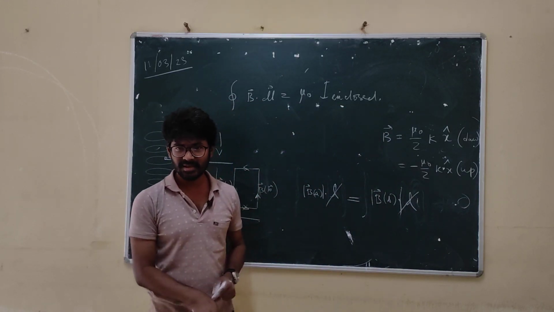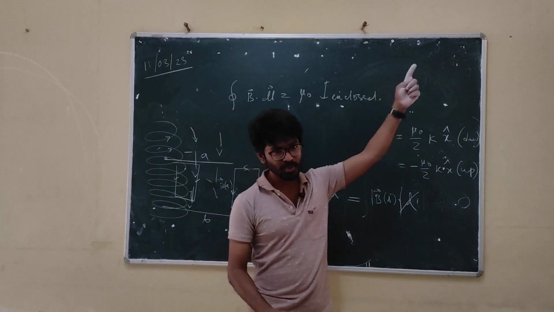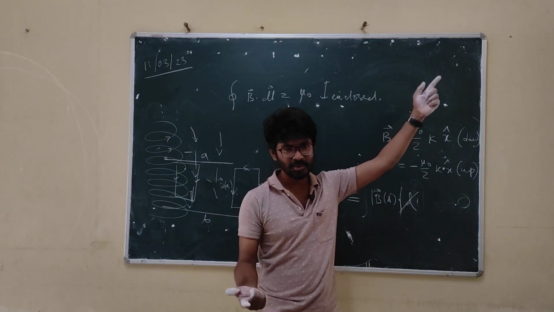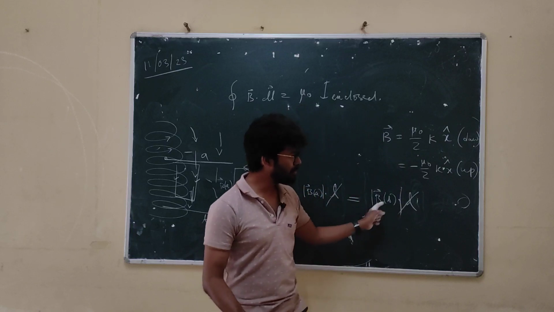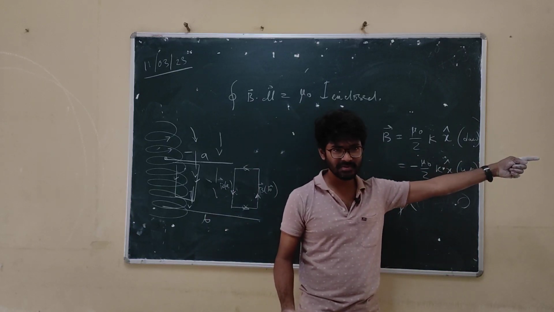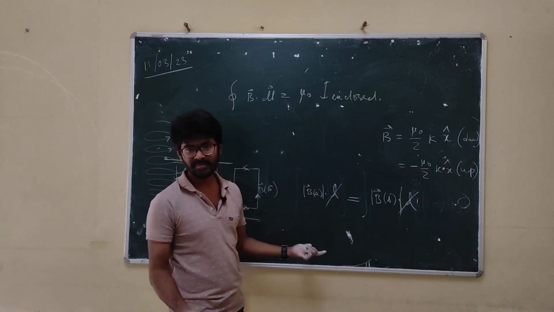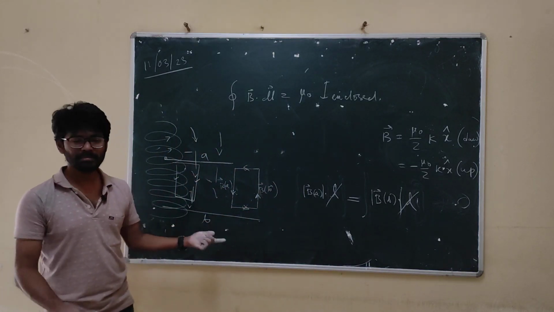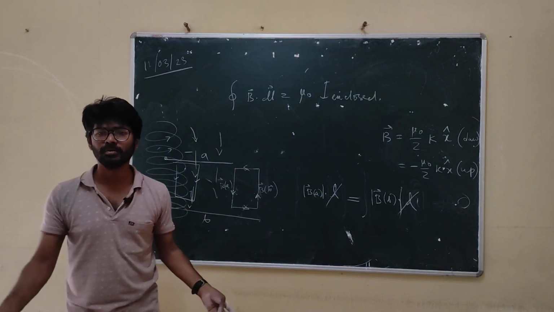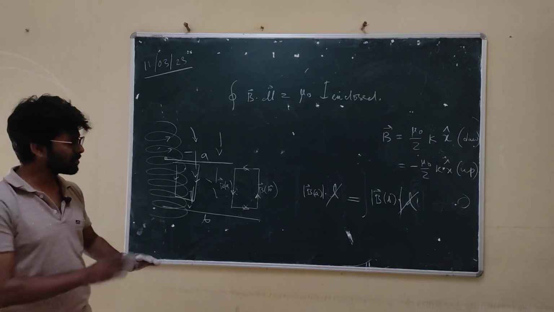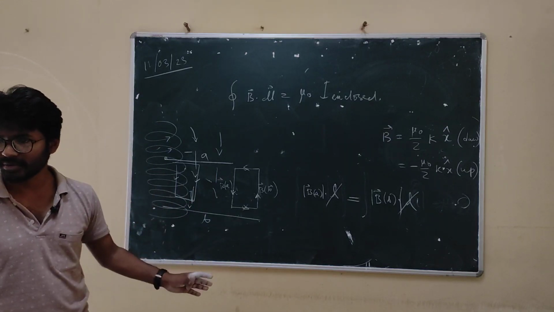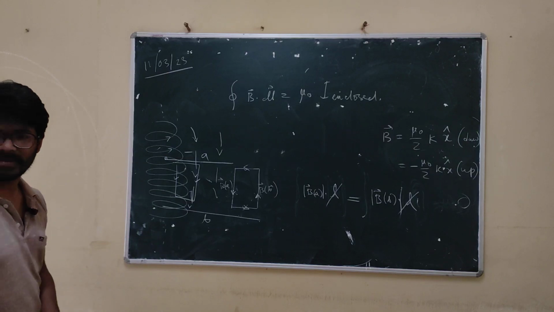But we said that very far away the magnetic field will be 0, at infinity. So BB for sure has to be 0. And this tells me that BA has to be BB. So BA has to be 0. That means outside, the magnetic field has to be 0. So outside magnetic field is completely 0.